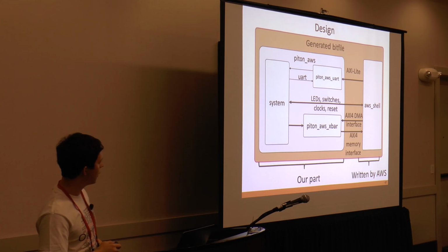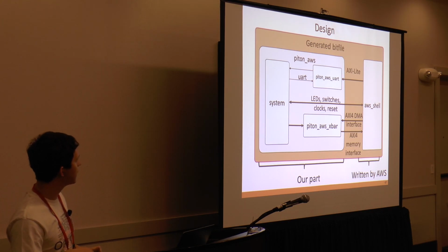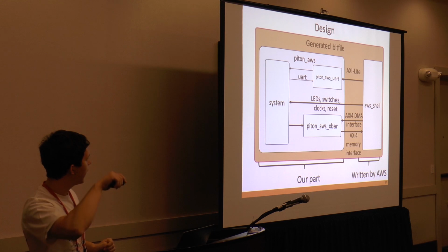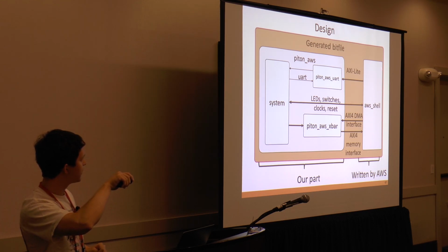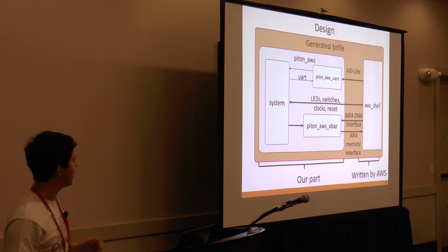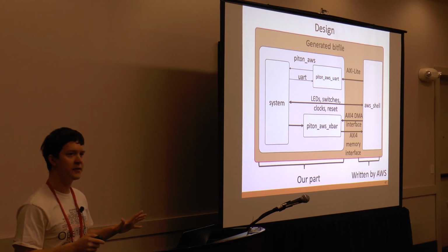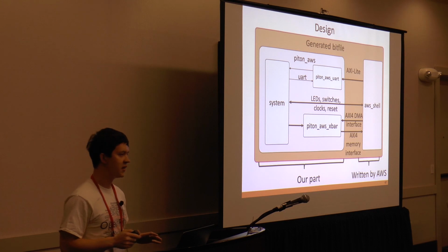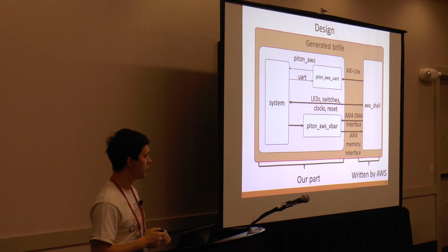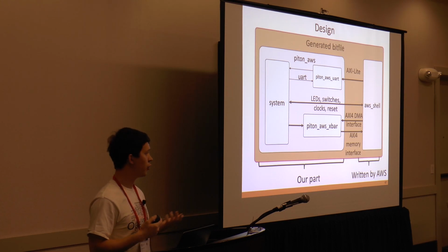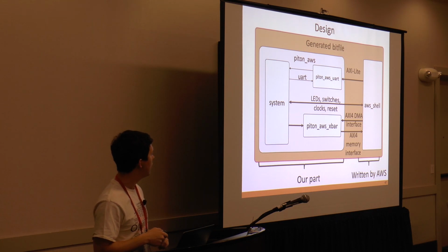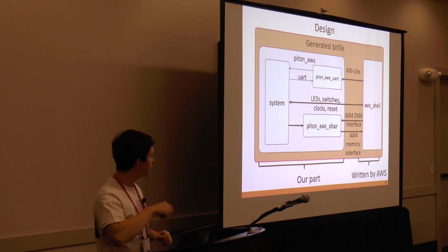How the design works on Amazon is that you have 2 parts. One is the Amazon shell, which on this slide is on the right, and you have some custom logic, which is on the left. In our case, this custom logic is OpenPiton, which has 1 or more cores. The Amazon shell has multiple interfaces to that user logic.